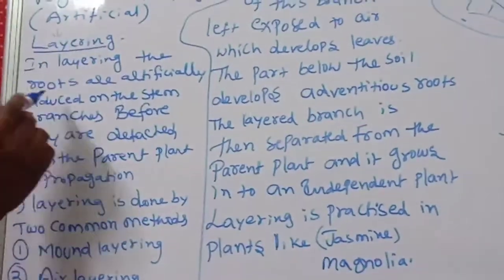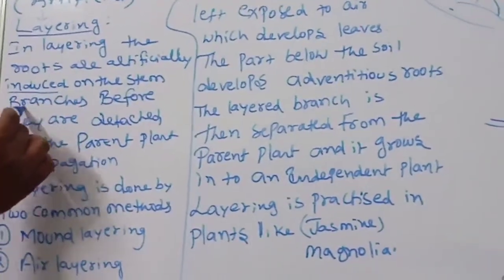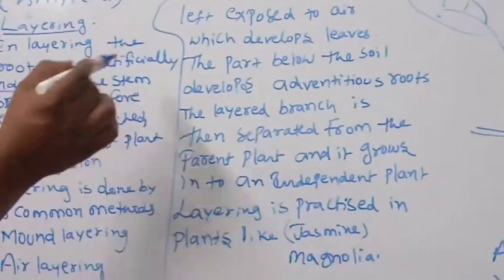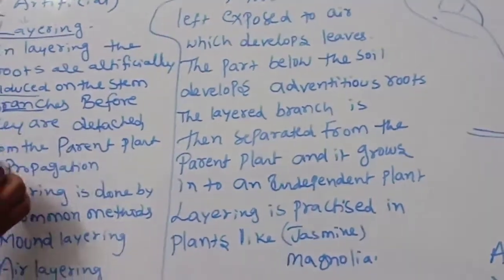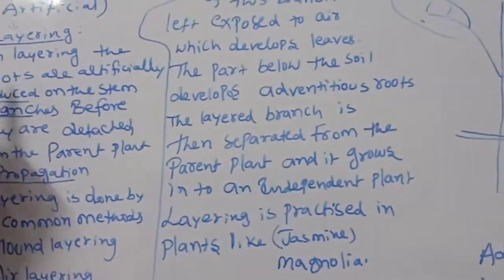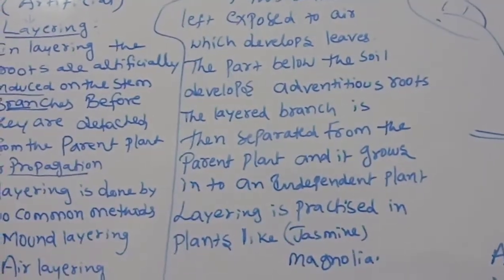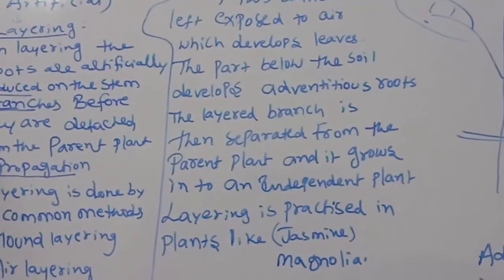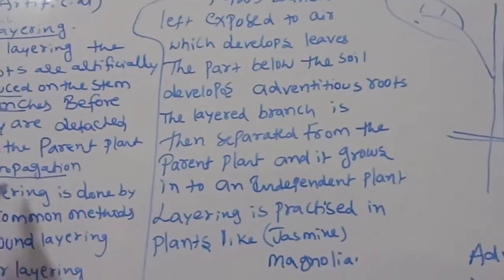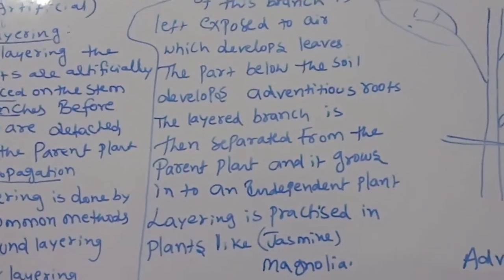In layering, the roots are artificially induced on the stem branches before they are detached from the parent plant for propagation. Layering is done by two common methods, mound layering and air layering.